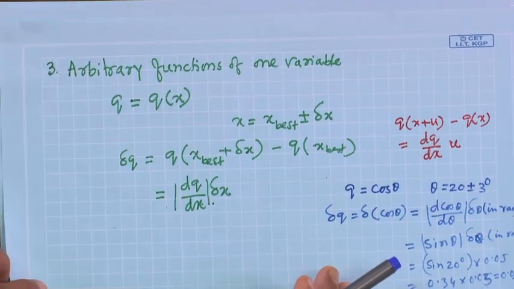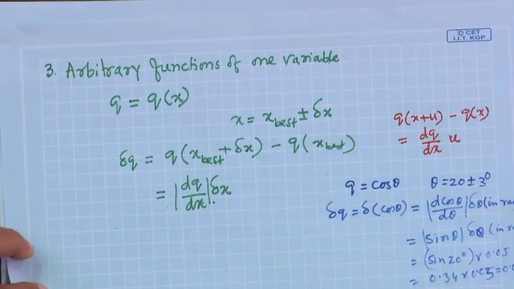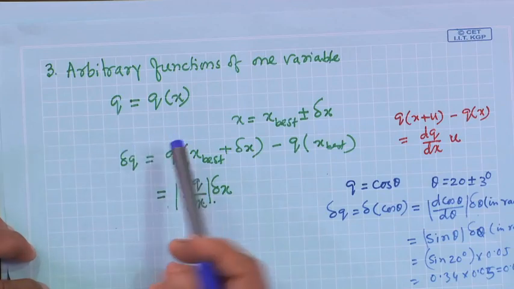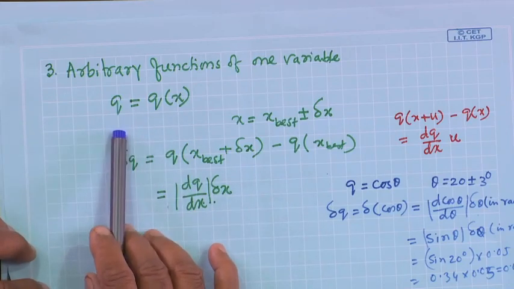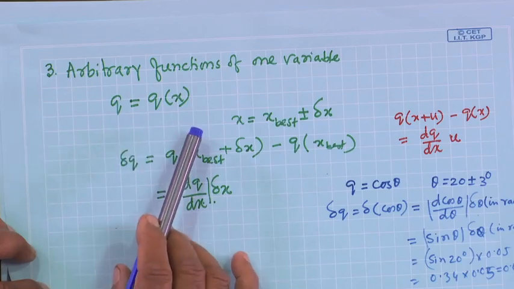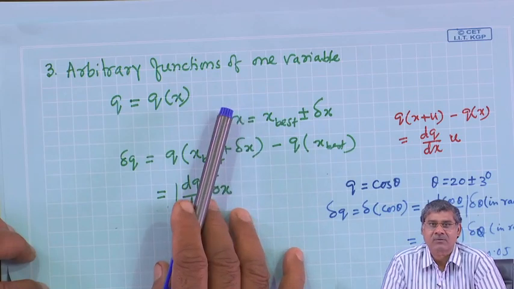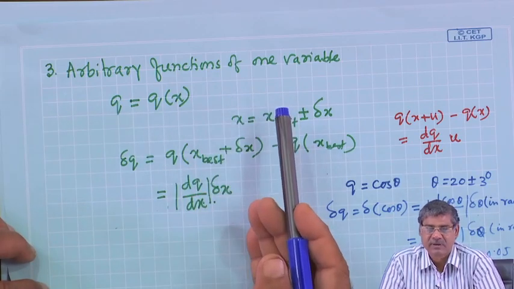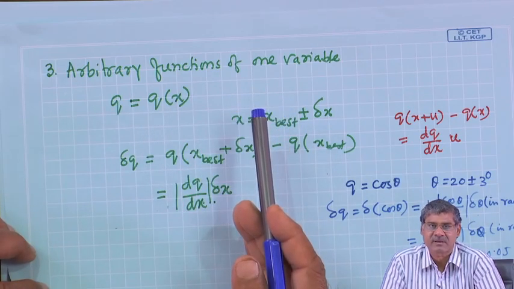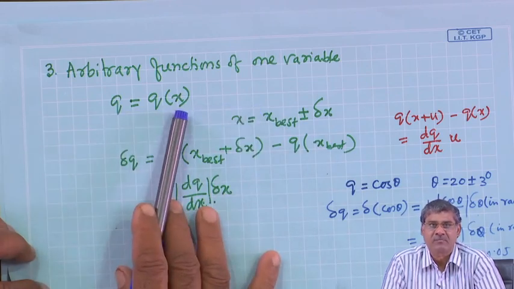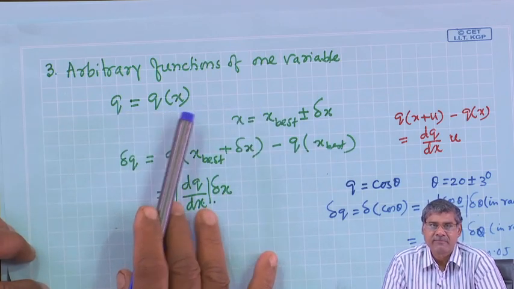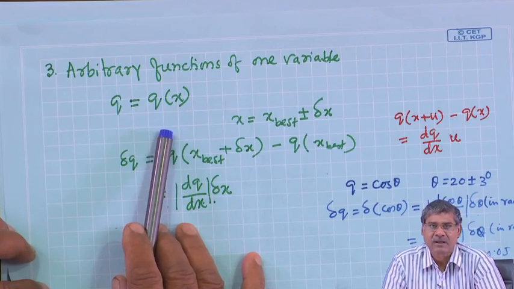But if the physical parameter q is not related to one or more individual measured parameters, and is instead a function of one variable, how do we find the error?